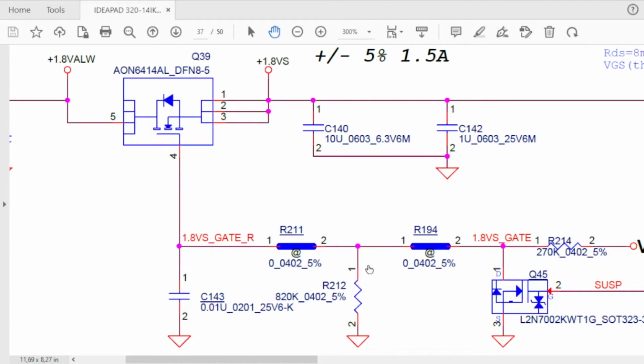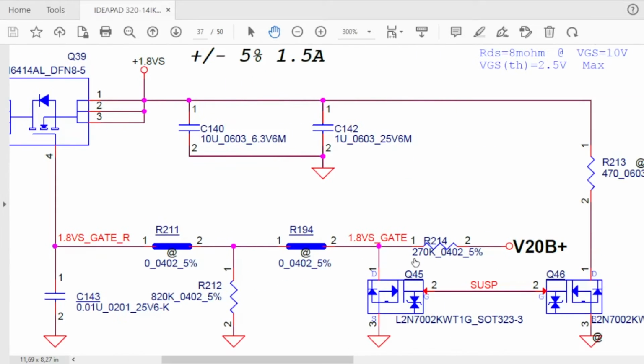And because here is the resistor connecting this point to the ground, this is 820 kilo ohm, and this resistor 270 kilo ohm.